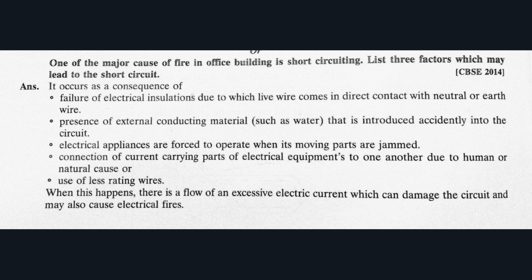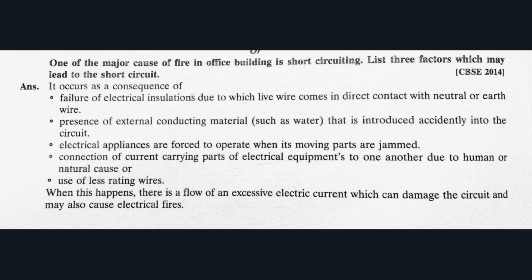Another factor is the presence of external conducting material, such as water, introduced accidentally into a circuit. Whenever water enters the circuit, it causes failure. Electrical appliances are also forced to operate when their moving parts are jammed. So when many electrical appliances are forced to operate, the current rises while the moving parts are jammed.